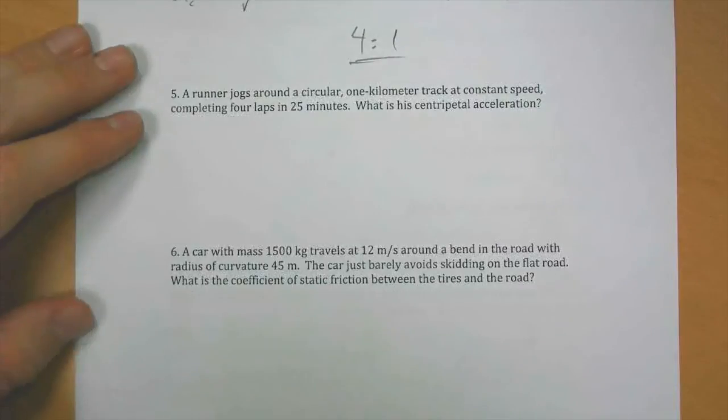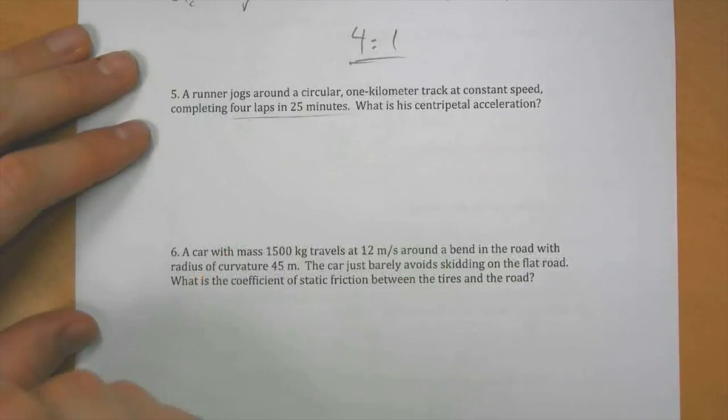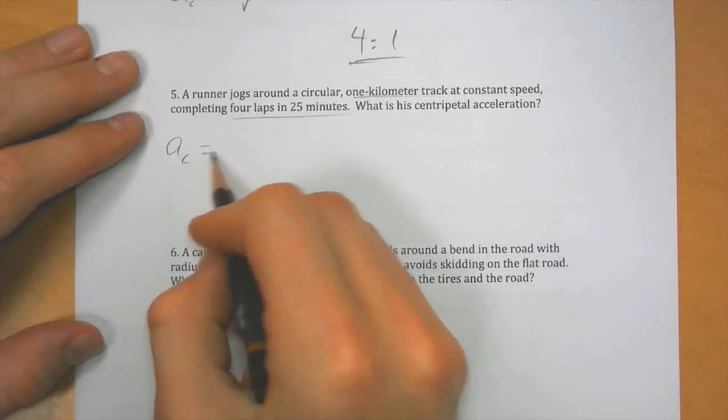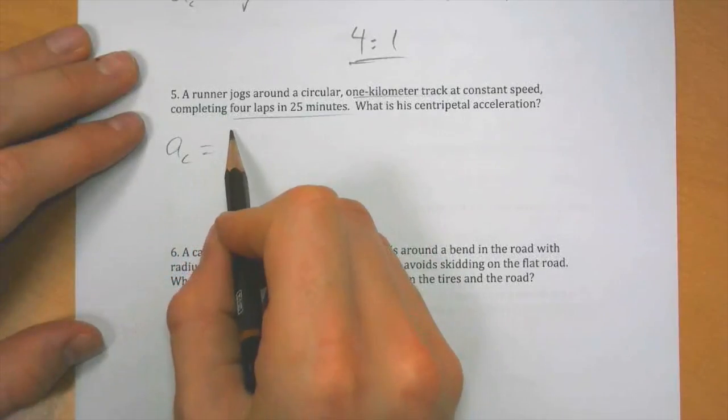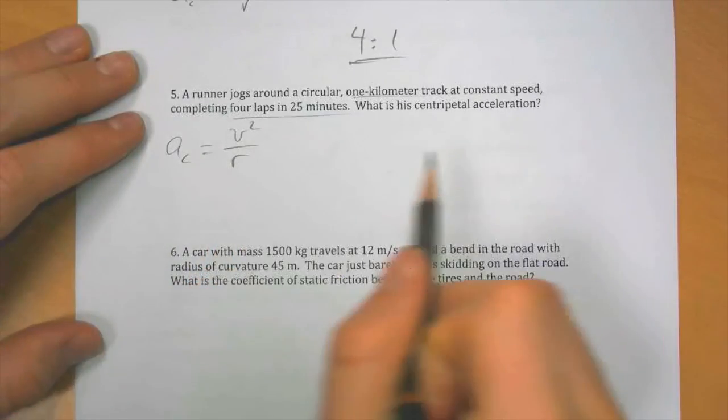Number 5 here is just a simple plug and chug, although it's a little bit complicated. We got 4 laps in 25 minutes, 1 kilometer track. So we know centripetal acceleration equals v squared over r. So what's our velocity?